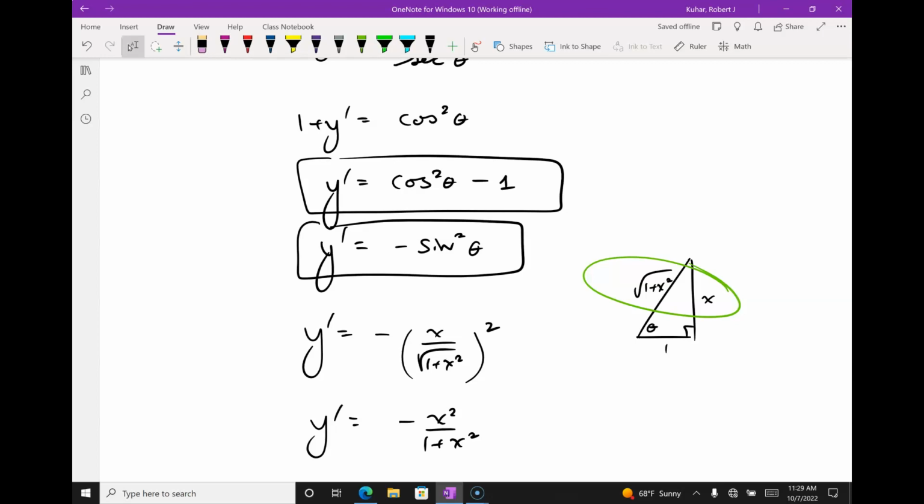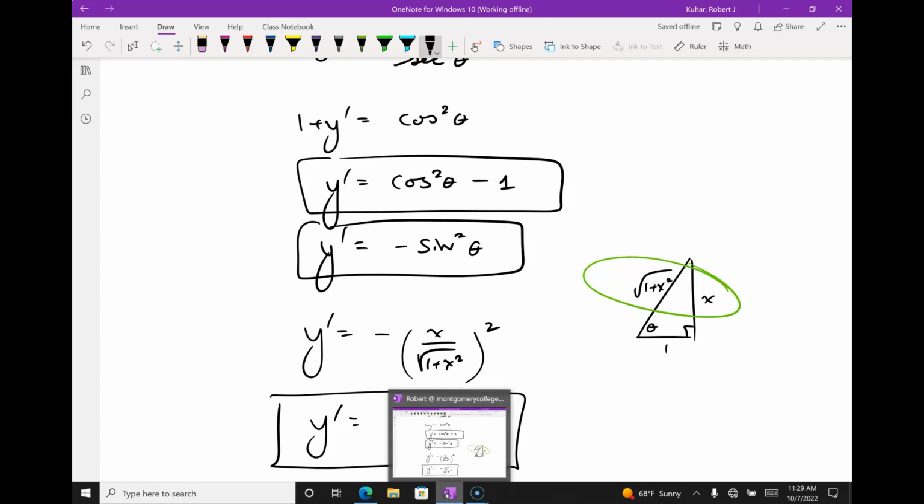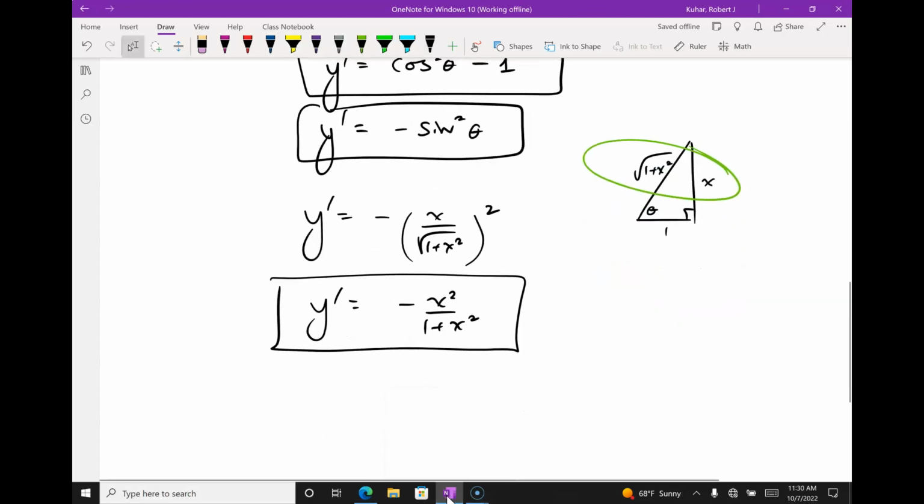Look at the first box. What would you say it's solved in terms of what? Solved in terms of cos theta, right? What about the second box, solved in terms of sine theta? What about the third box, solved in terms of x, right? You with me?